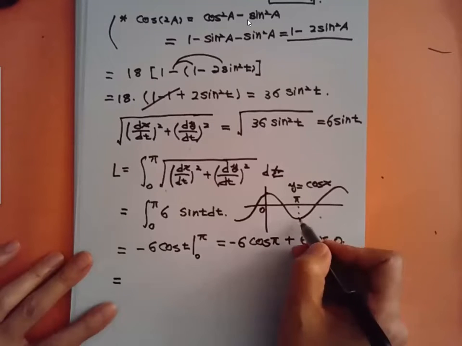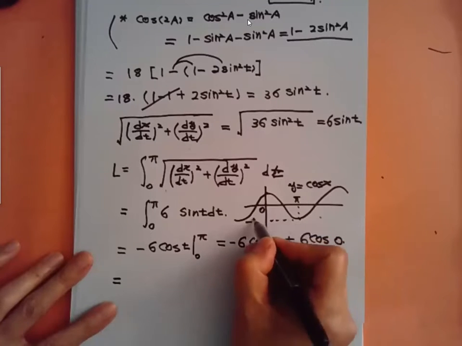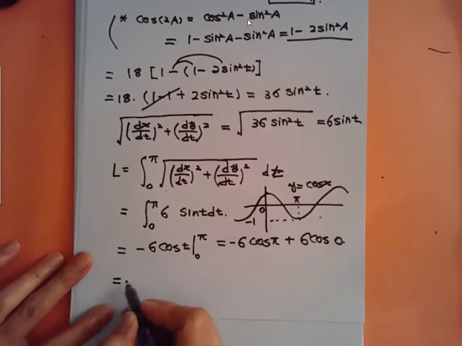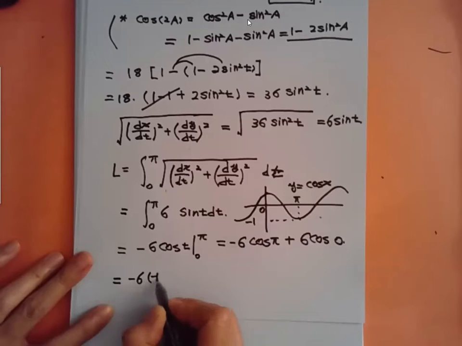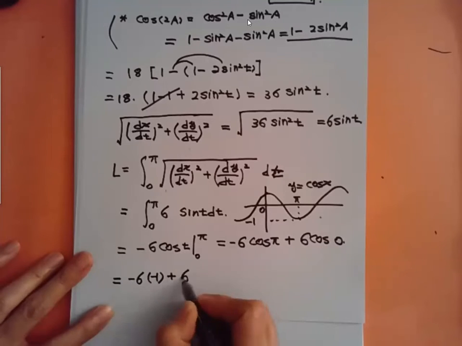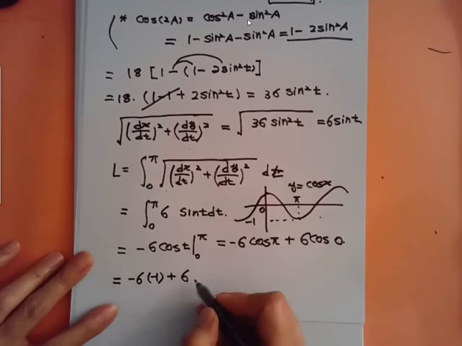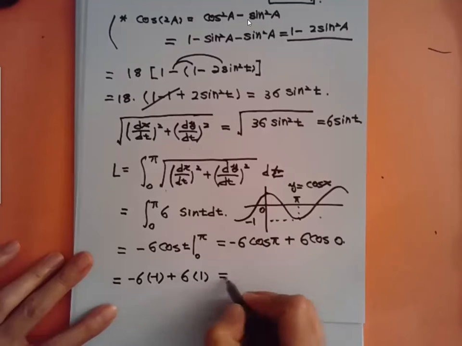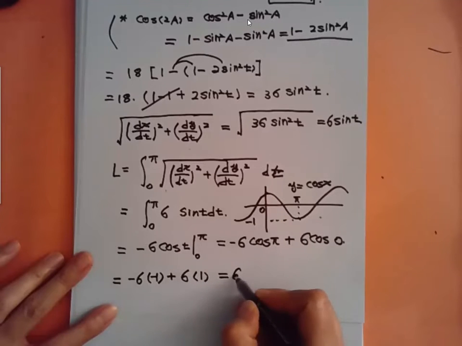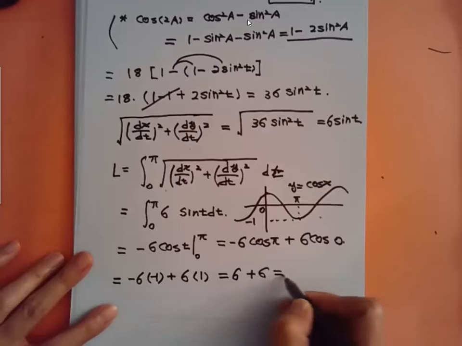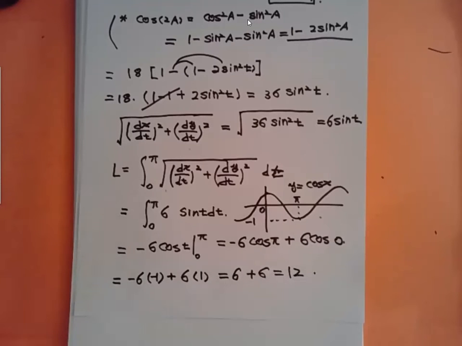So at pi, cosine value is minimum. So minus 6 times minus 1 plus 6 times cosine 0, that is the maximum value 1. So the first one is 6, the next one is also 6, so that becomes 12.